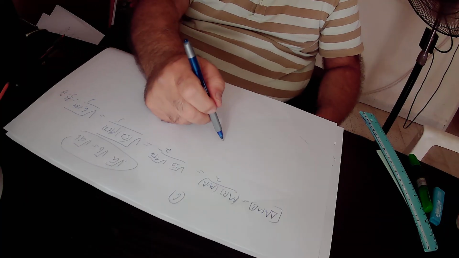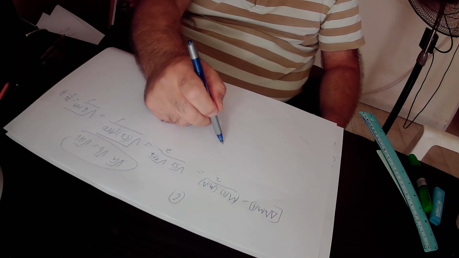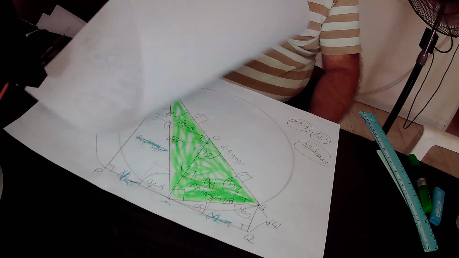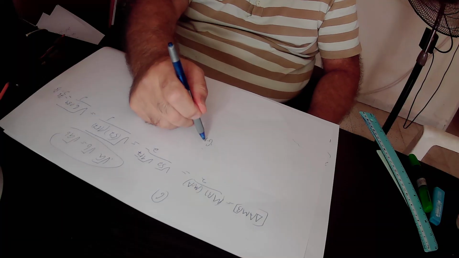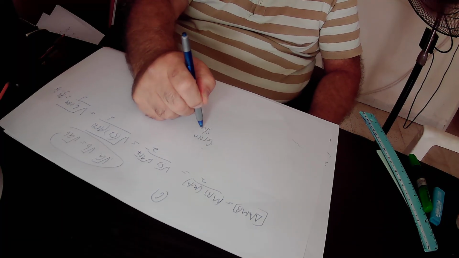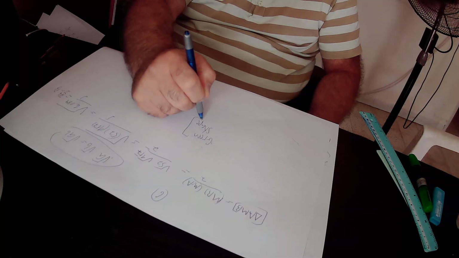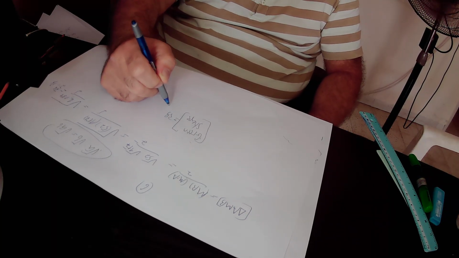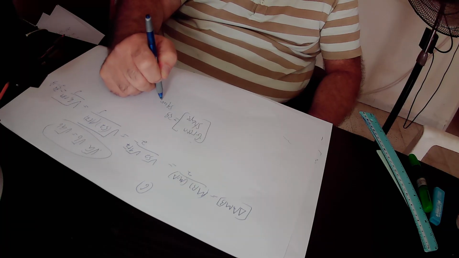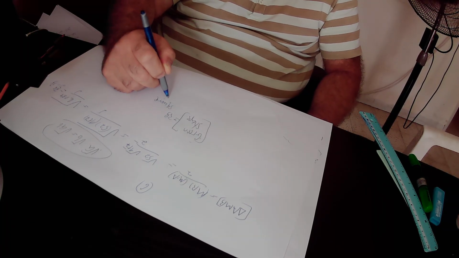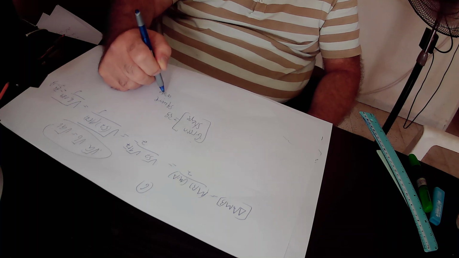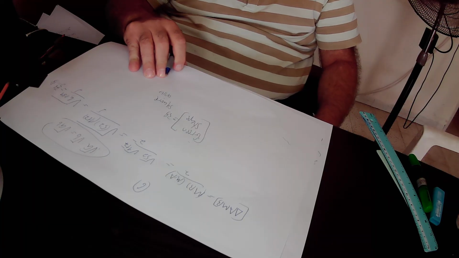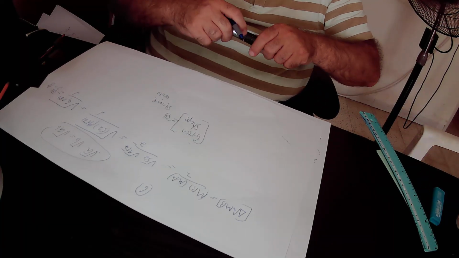So in total, the area of triangle AMB, the green shape, is equal to 39 square units in size. So we finished with the second question. In the next step of the lecture, I'll start with the first question, of course.